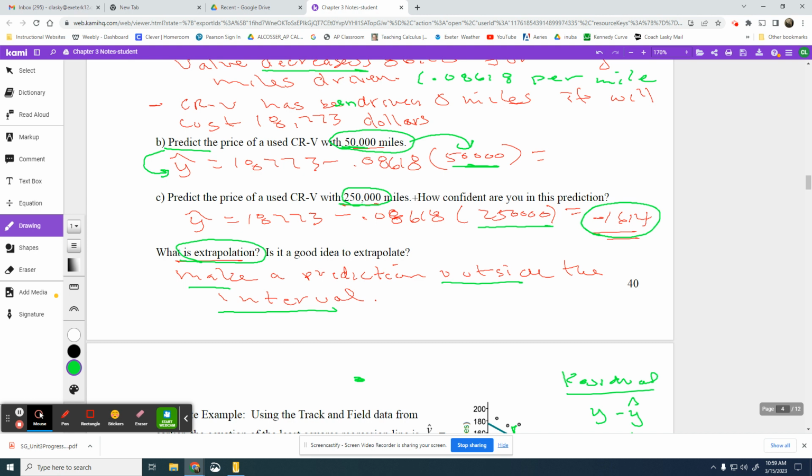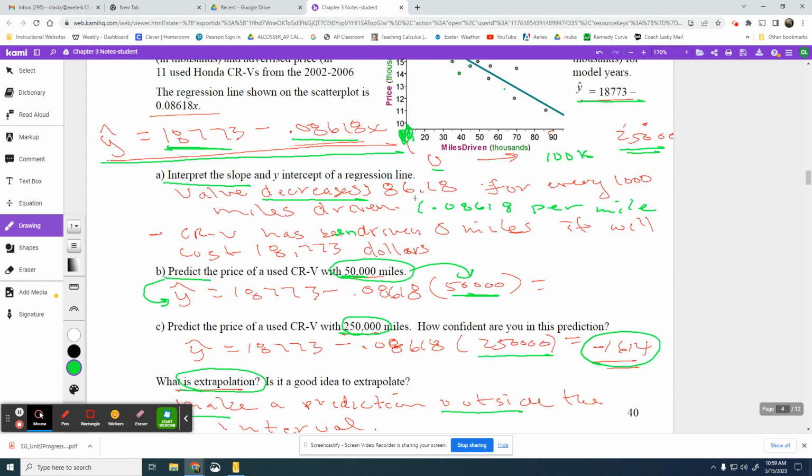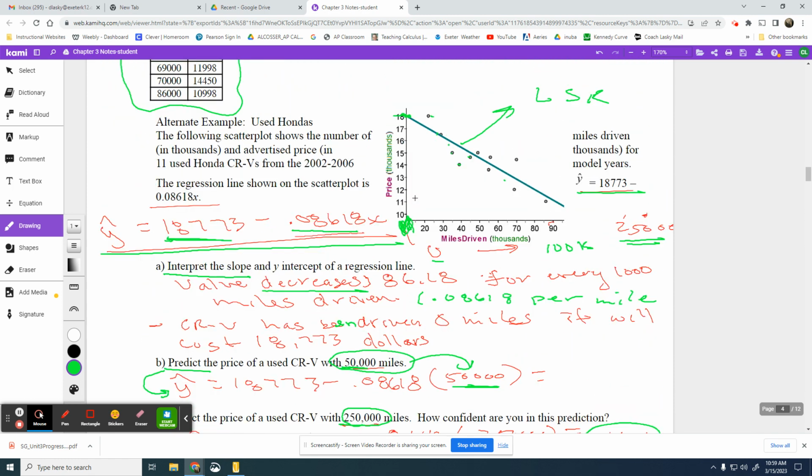250,000 is what's called extrapolation, which is basically making a prediction outside the interval. So I'm going to take you back up to the graph. The interval of the dots starts around 25,000 and ends approximately right there, at 85,000.